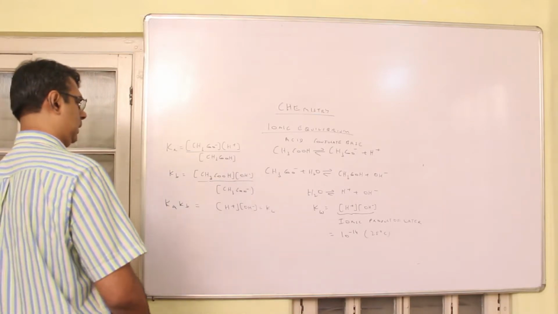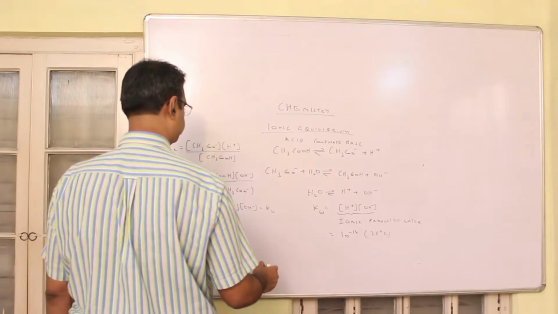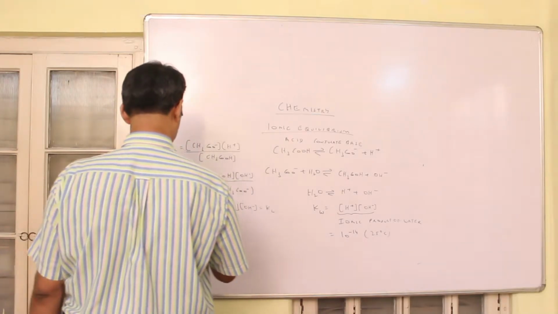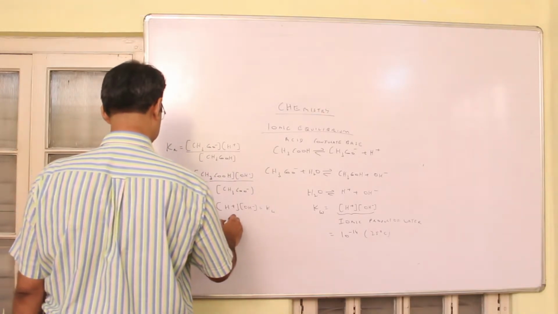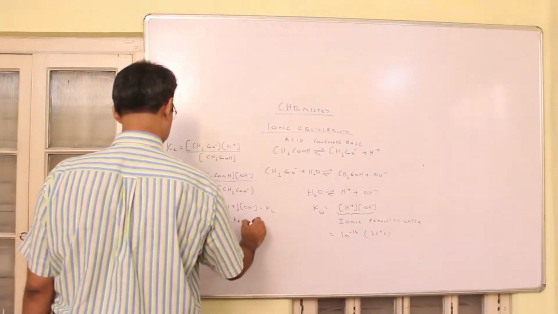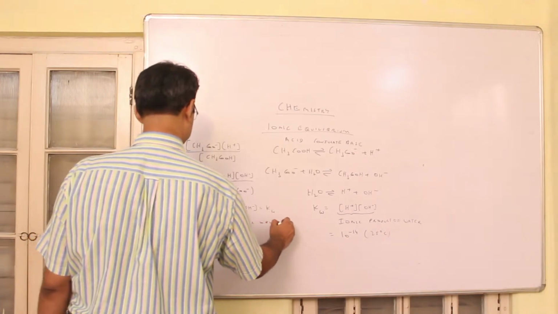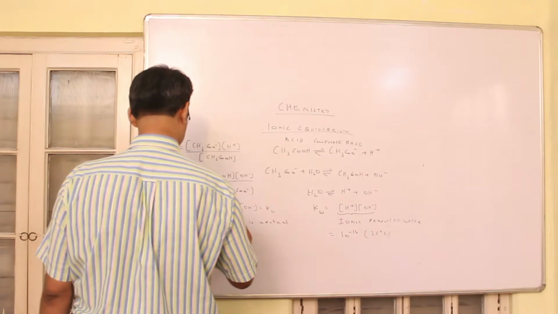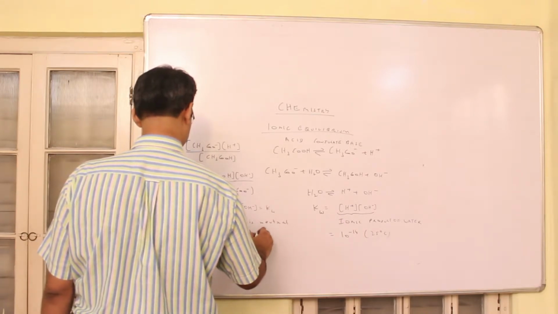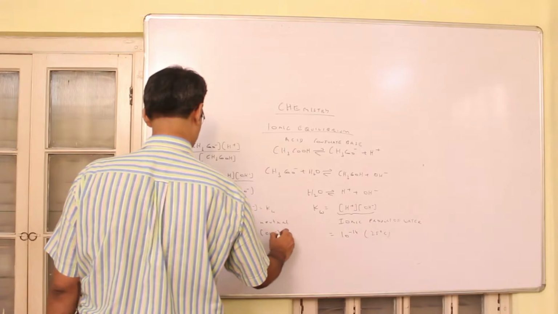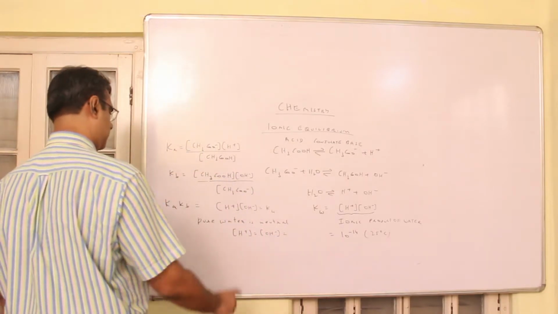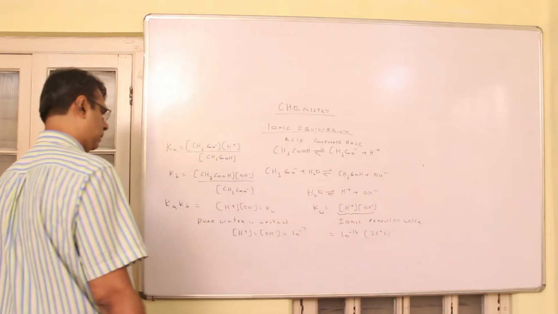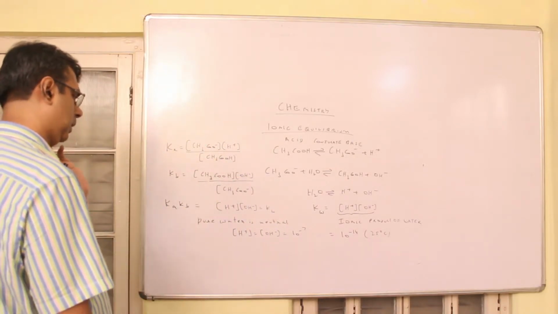Now one important thing is, you know that pure water is neutral. So because pure water is neutral, at 25 degrees Celsius, the concentration of H plus and OH minus, both are 10 to the power minus 7, right?